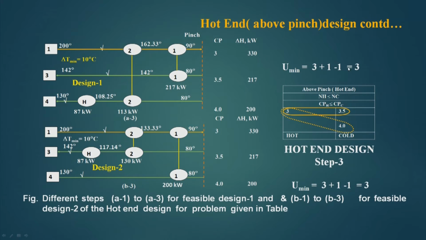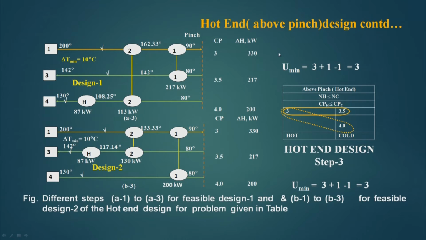Here also we will see that the U minimum here is 3, because we have 3 streams and 1 hot utility. So, that makes 3 plus 1 minus 1, this is n minus 1. So, 3. So, here, based on the units target, we have calculated U minimum equal to 3 here, and we have 3 units here, 2 heat exchangers and 1 heater.